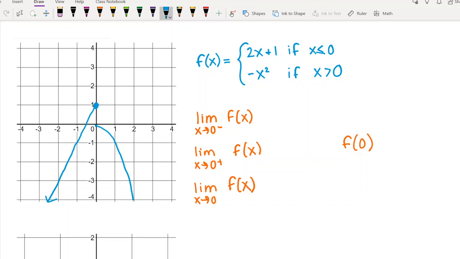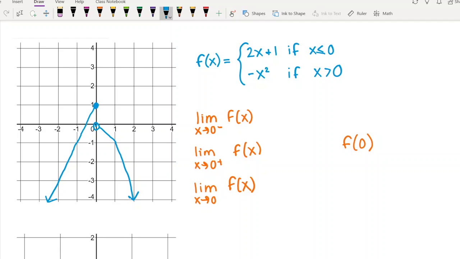The reason we put a closed dot is because you're supposed to use that equation when x is equal to 0. It says when x is less than or equal to 0, so we put a closed dot there. And then for the bottom equation, we put an open circle on that one because we're supposed to use that one only when x is strictly greater than 0. This is going to bother me, so I'm just going to redo that so that it's actually an open circle. And we can put an arrow here too.